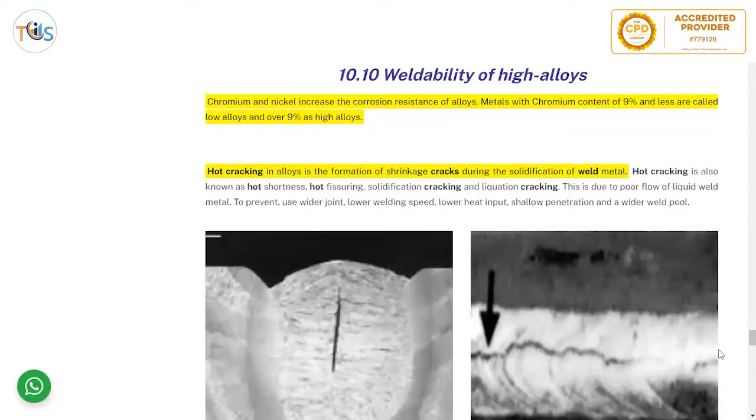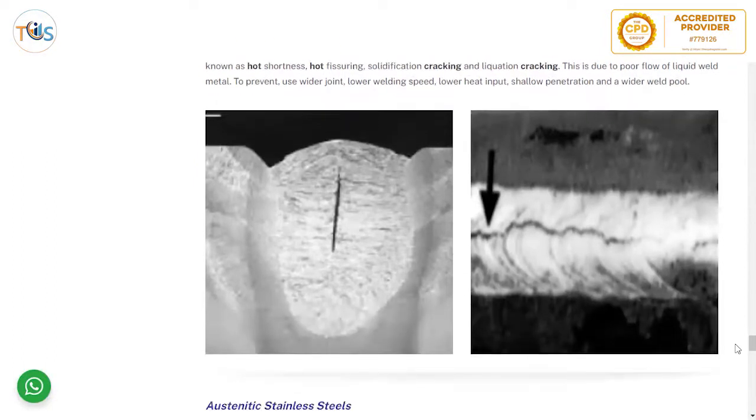Weldability of high alloys. Chromium and nickel increase the corrosion resistance of alloys. Metals with chromium content of 9% and less are called low alloy, and over 9% chromium are called high alloys. Hot cracking in alloys is the formation of shrinkage crack during the solidification of weld metal.